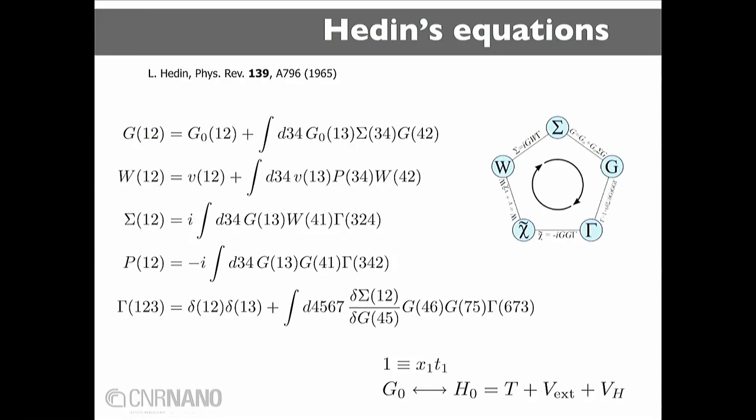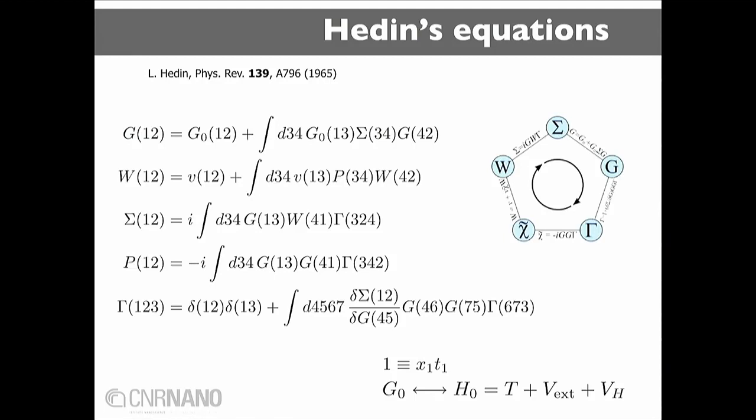The vertex is this object here that is pretty much related to the linear response of the Green's function itself. So I think that G gamma G is the linear response of G itself, and this is probably the G minus 1 in the V. So it's the linear response of G minus 1. So this is really linear response.